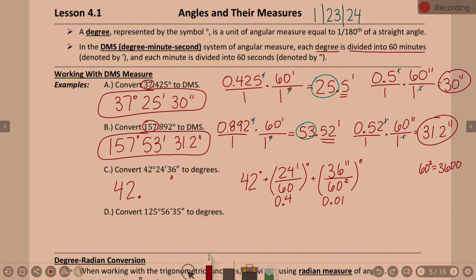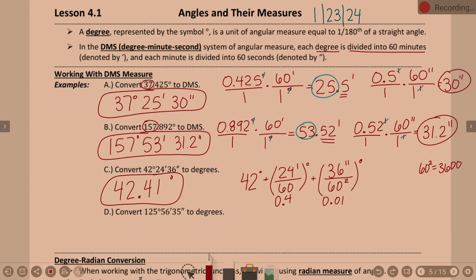So we have the 42 degrees, then the 0.4 degrees, and now the 0.01 degree. What is all of this put together? 42.41 degrees.